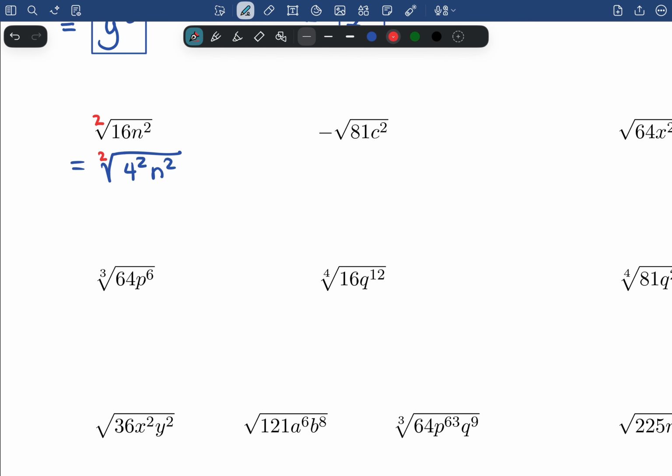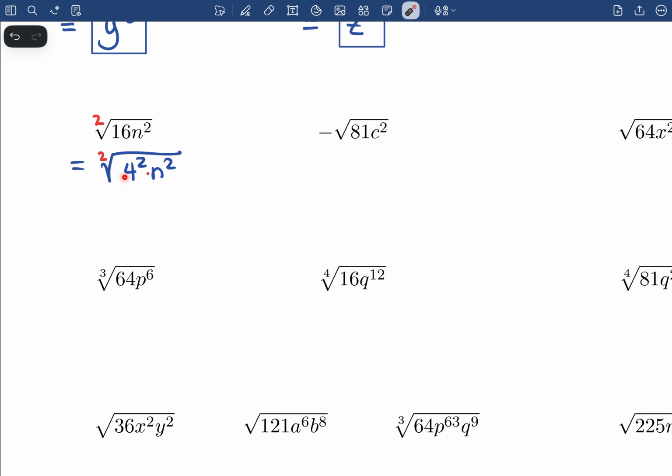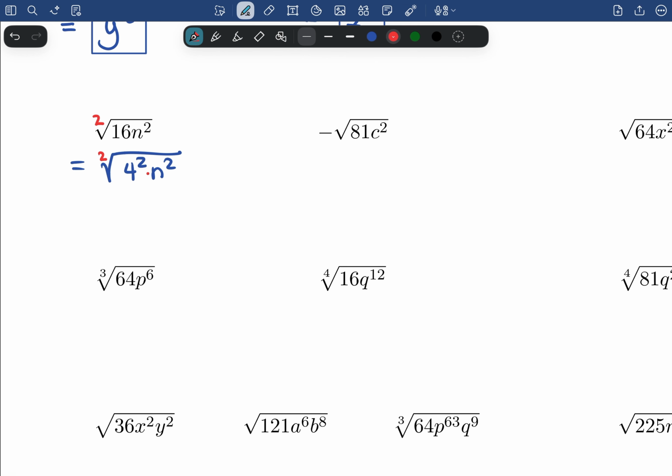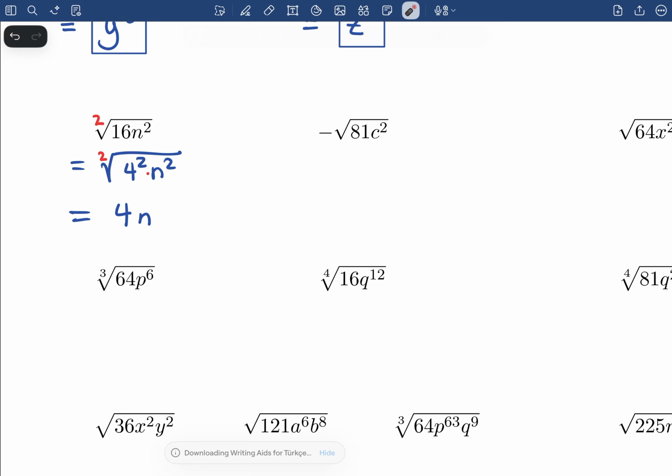Okay. And when you have the product of two things in a square root, you can apply the square root to the first thing and then the second thing. So what is the square root of 4 squared? Well, it's 4. And what is the square root of n squared? Well, it's n. You could just think of taking 2 divided by 2, right?